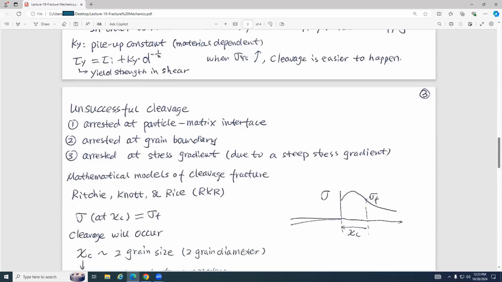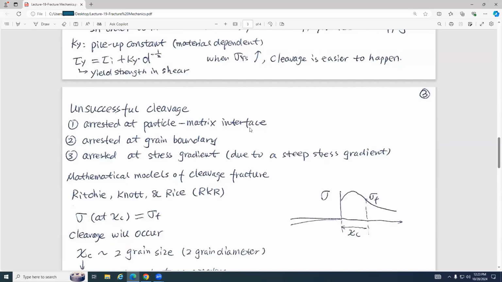We talked about these two models, and then there are some unsuccessful cleavages. That means sometimes the cleavage will not go through from the very beginning to the very end until the whole specimen fails as one bigger single crack. There are three scenarios. First, the cleavage is arrested at the particle matrix interface.